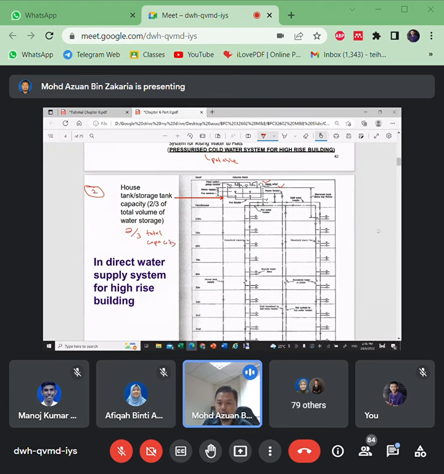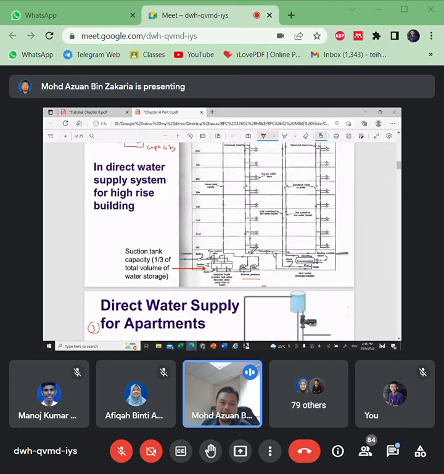For example, if the building calculates they need 10,000 liters of storage, for the storage we can only use 2/3 of that size. Meanwhile, 1/3 of the total volume is stored in the suction tank.